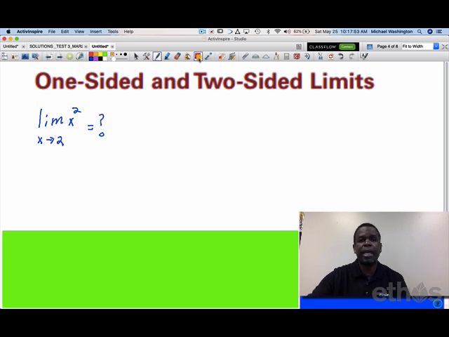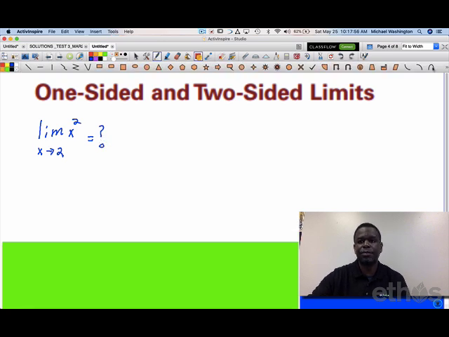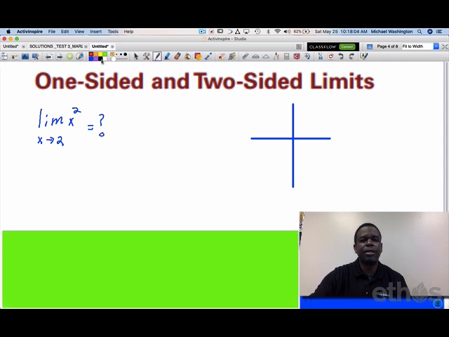Okay, so if we had a function x squared, okay, so let's draw this here. If we have a function x squared, and just the general shape of this curve looks roughly like this, it's a parabola that's curving up, and we want to know what is the limit as x approaches 2. Well, 2, let's put it right here.